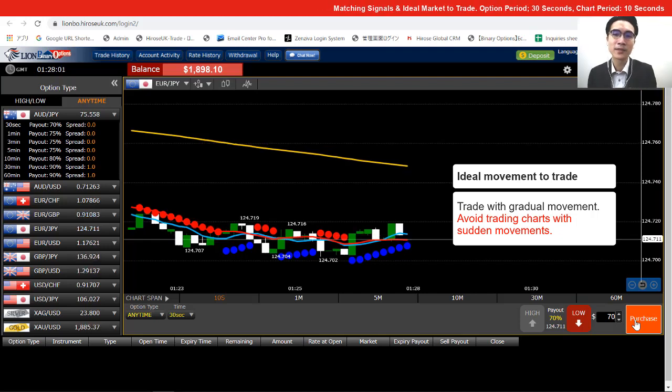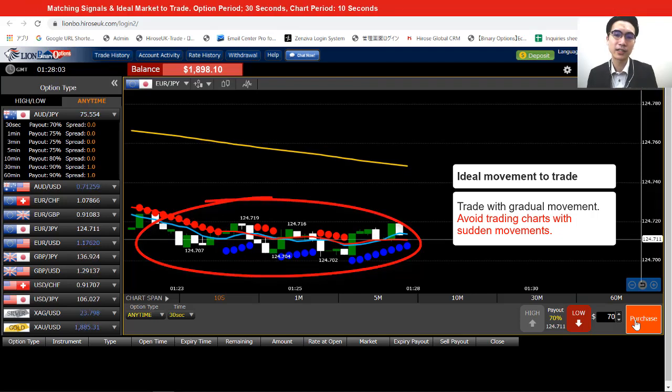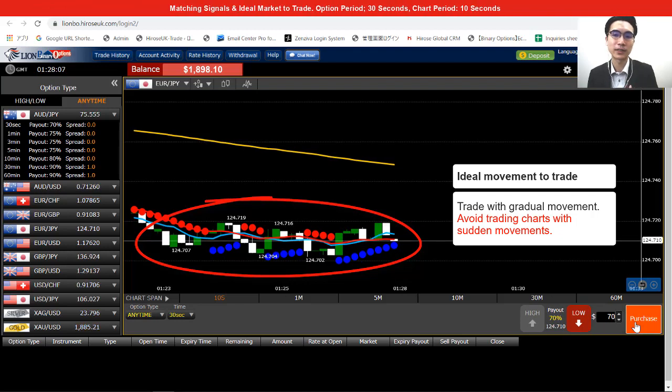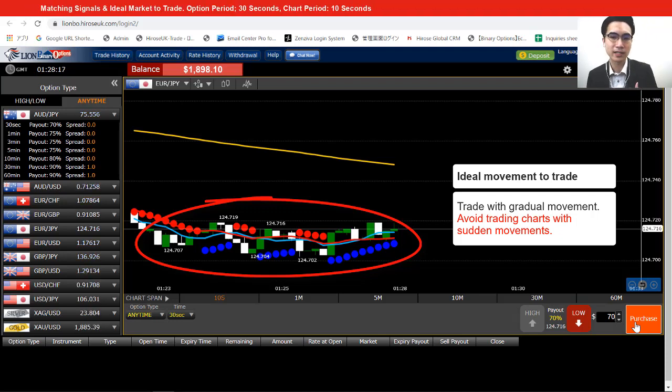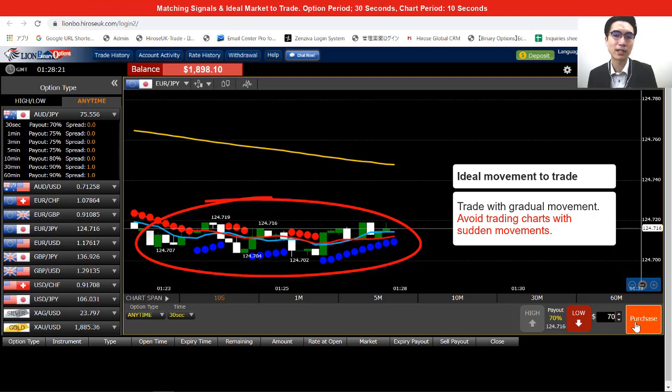In here, you see the candlestick is really gradual and smooth. There are no sudden jumps or falls. That's the candlestick chart that you want to trade with. You want to trade with something that is easy to predict, something that is developing gradually. So that's the one we are looking at.